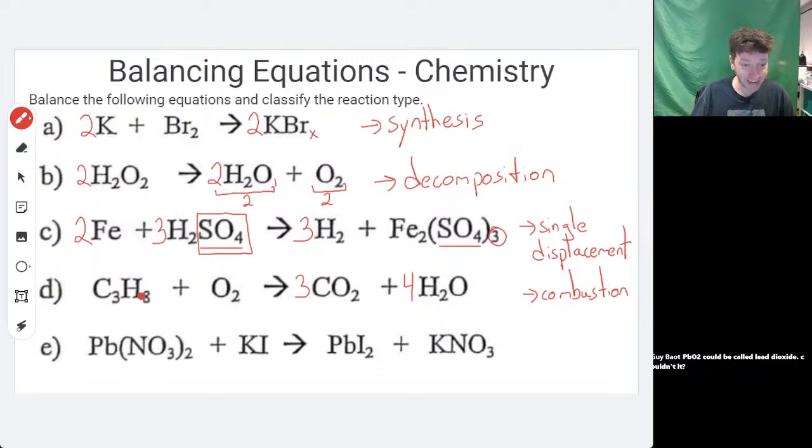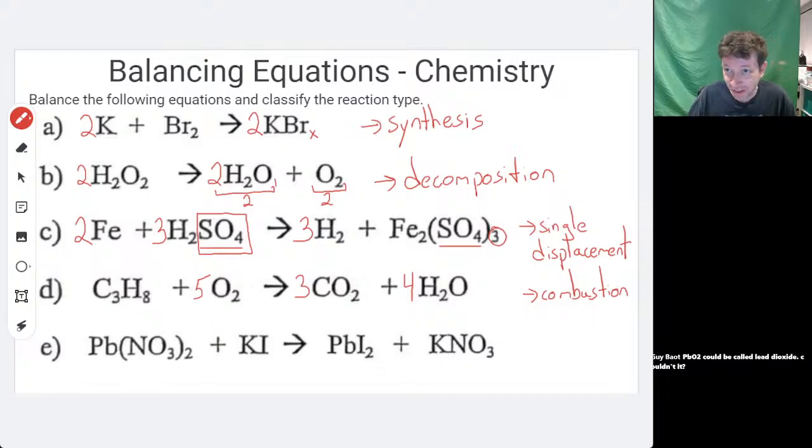So that gives me 8 hydrogens and also 4 oxygens. So I no longer have an odd number, which is good. I have 4 here and 6 here because of the 2 times the 3. So I have 4 and 6, 10. I'm starting to get tired. It took me a moment. I'm going to want a 5 here to balance that one.